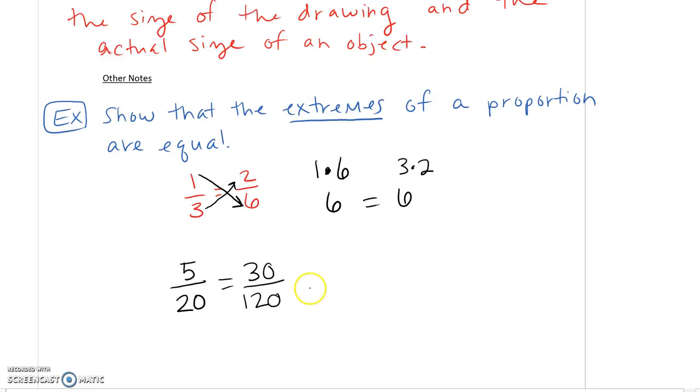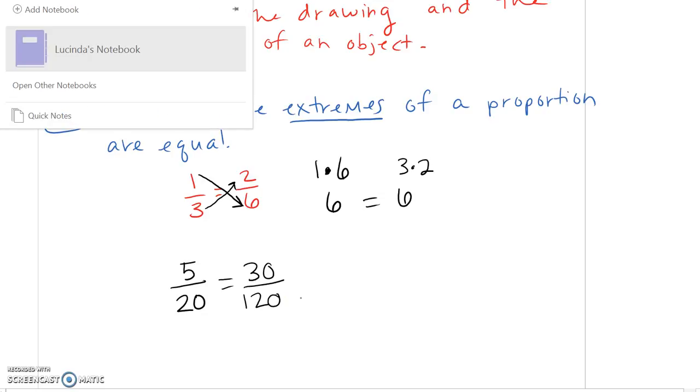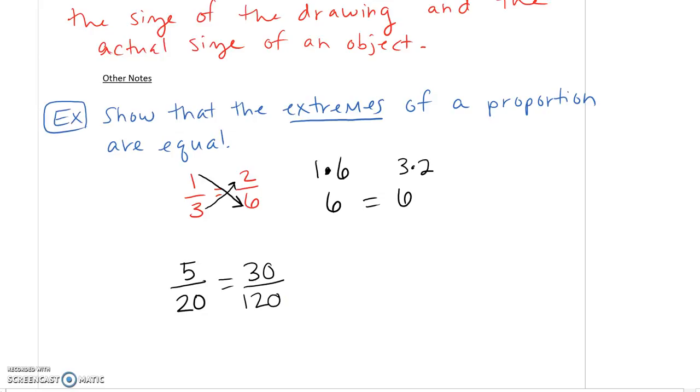That can't possibly be right. So hold on, let me think again. Yeah, those are right. I mean, they both reduce. So let's check our extremes. That's the easiest way to check. So 5 times 120 comes out as 600. 20 times 30 would be my other extreme. It also comes out as 600. Woot! They come out the same.